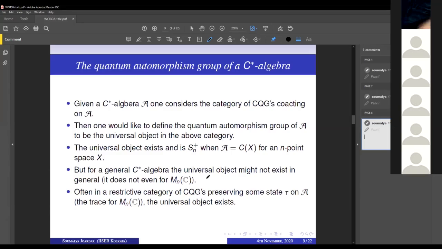So what he did was that he considered a restricted category. The category is almost the same, the category of CQGs coacting on the C*-algebra. In the case of M_n(C), he noticed that if you restrict the category of CQGs coacting on M_n(C), and moreover preserving the trace of M_n(C), then the universal object exists in that restricted category.